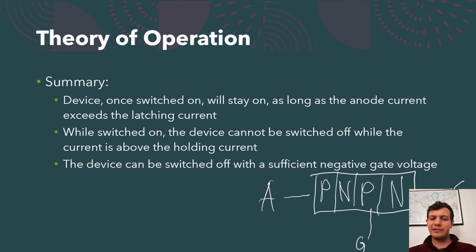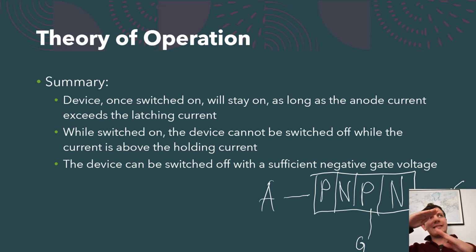So it needs to be at a certain threshold, which is the latching current. And then there's also the holding current, which is the minimum current that has to be flowing through the device to keep it on. So usually the latching current is a higher level, and the holding current is a lower level.